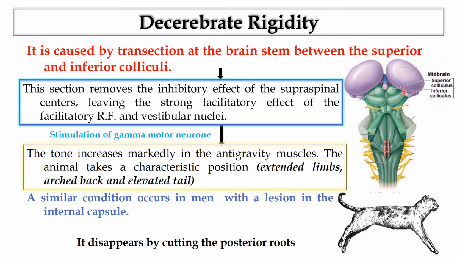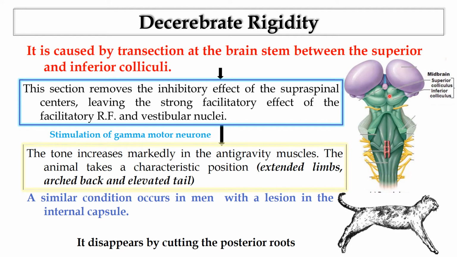Don't forget that we make the section between midbrain and pons, but the pons has a strong facilitatory center called the facilitatory reticular formation, and it has its own intrinsic activity; it can send by its own even if not receiving impulses from the other centers that we removed by cutting.